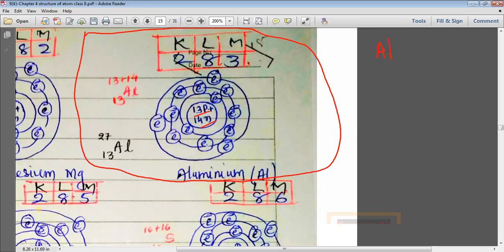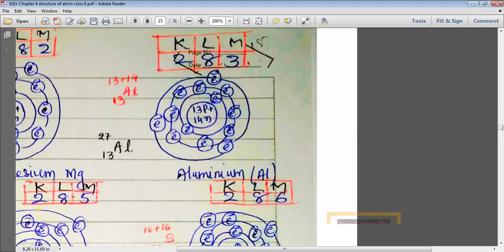Out of 13 electrons, my dear students, we can see that in aluminium 2 electrons go into the K shell. So you can see 1 and 2 electrons in K shell, 1, 2, 3, 4, 5, 6, 7, and 8 electrons in the L shell, and then 1, 2, and 3 electrons in the M shell.